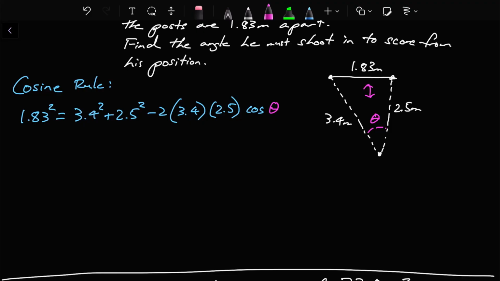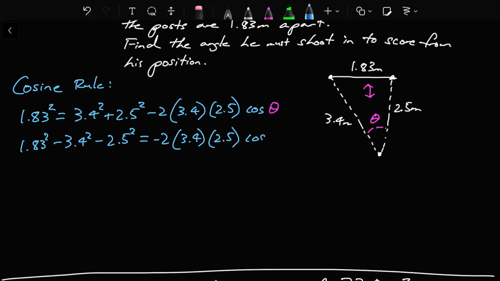Okay, so now we just do a bit of simplifying and we solve for the angle. So we go 1.83 squared minus 3.4 squared minus 2.5 squared equals -2 multiplied by these things.